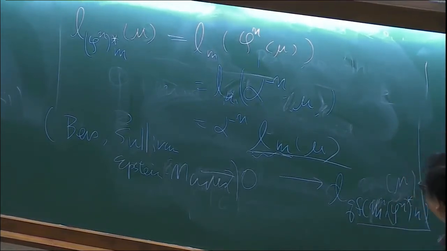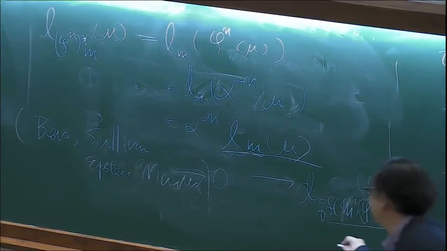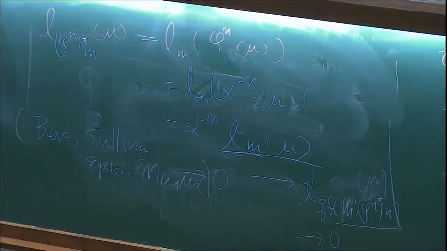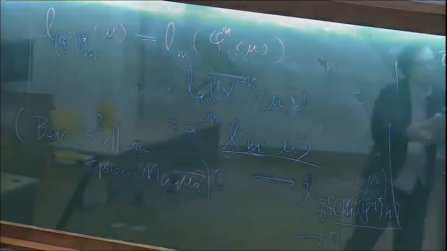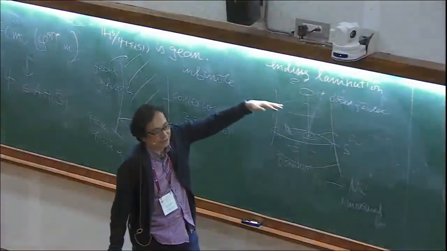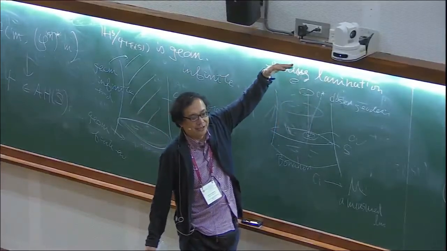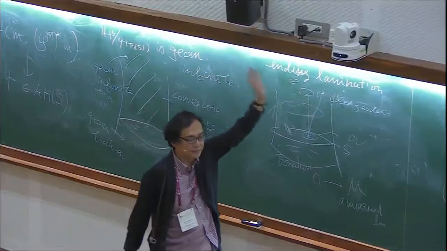If you consider the length of mu inside this three-manifold, then it also goes to 0. That means if you try to realize this measured lamination inside this limit manifold, then you cannot achieve it. If you just draw the picture of mu here, it has some geodesic curvature. If you try to decrease the geodesic curvature so that it becomes geodesic, then it goes far and far away, and eventually it disappears.